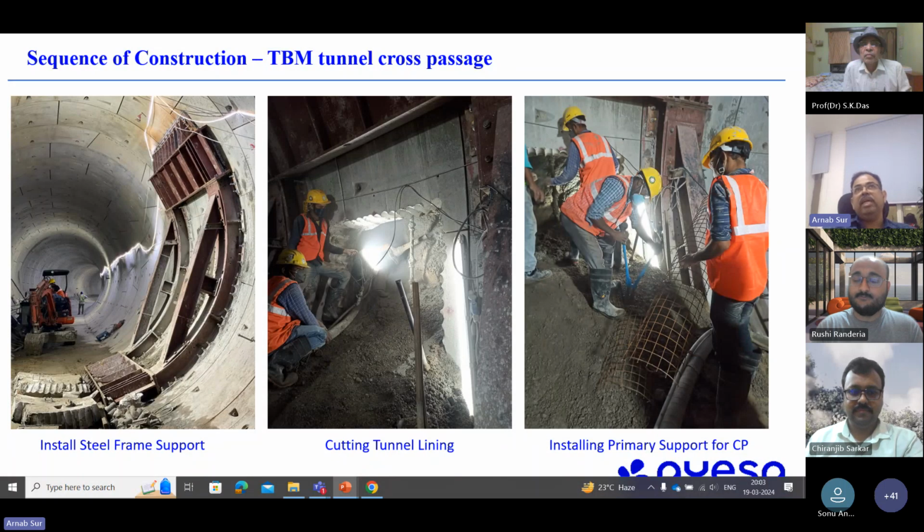For a collar design, it will have a similar scenario, because whether we go with a reinforced concrete segment or a fiber reinforced segment, in both cases the tunnel lining has primarily axial thrust and some bending moments, and that is to be taken care of at the collar location.